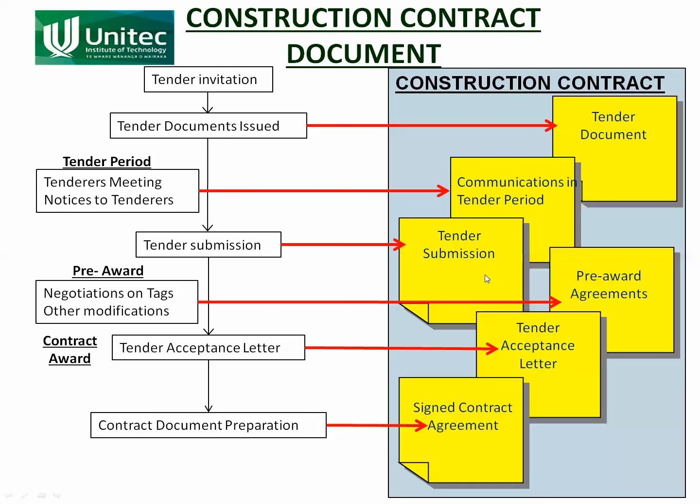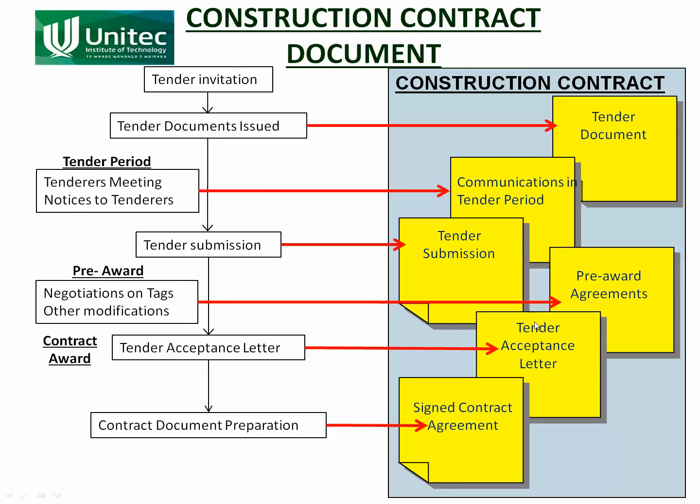So that all needs to be recorded. So all of these things here, the first four, they are all the development of what the contract agreement is going to be. Starts with this, and there are modifications all the way along. They all need to be recorded, written down and put into one contract, one document.